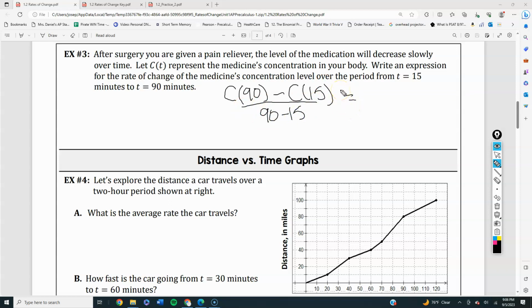Now, do I know what C of 90 is? No. Do I know what C of 15 is? No. So I leave them. I'm representing the expression. And 90 minus 15 is 75. And that's the answer. And we leave it.